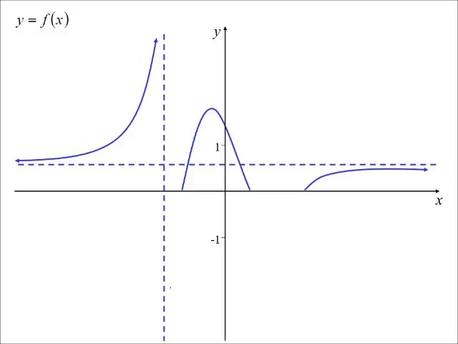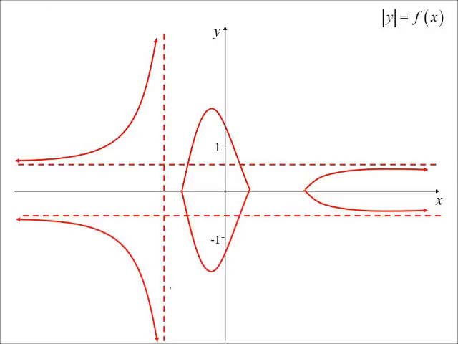So function x can't equal a negative number. No, we can't get a negative y. So anywhere where there was a negative y in the original disappears, but because it's absolute value y, it reflects. So we now have plus or minus the y value. So we get that symmetry in the x-axis for that one.